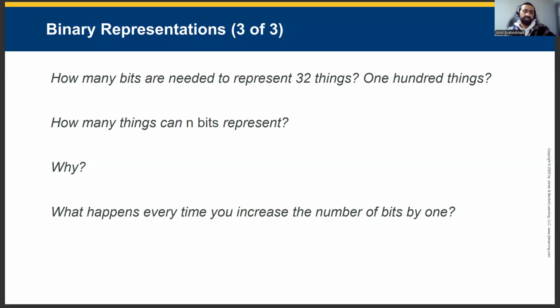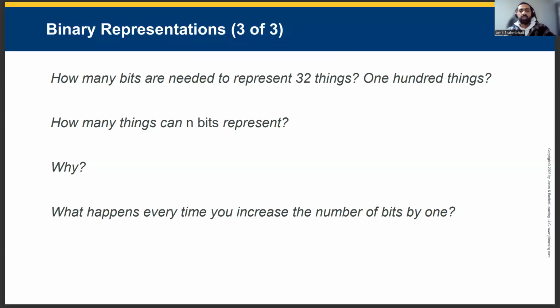This slide asks us some questions on binary representations. Power of 2 growth. How many bits are needed to represent a given number of items, and it highlights the exponential nature of binary representation. Each additional bit doubles the number of possible values.